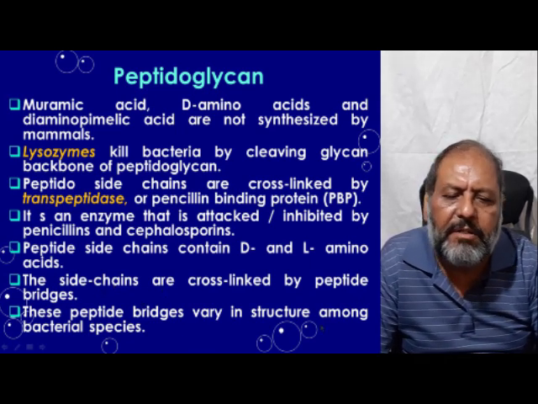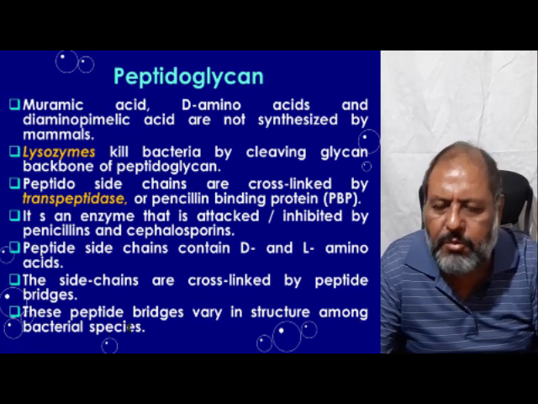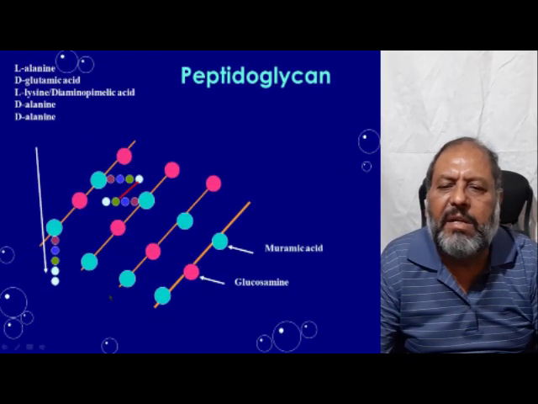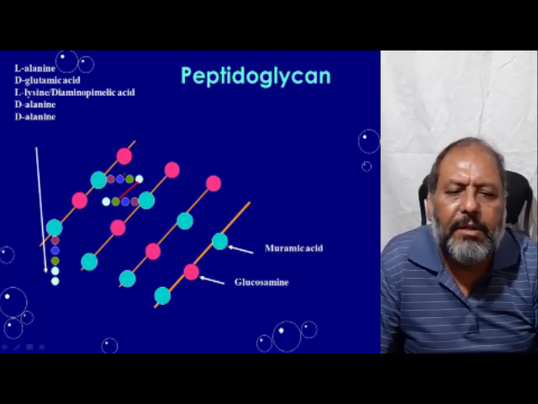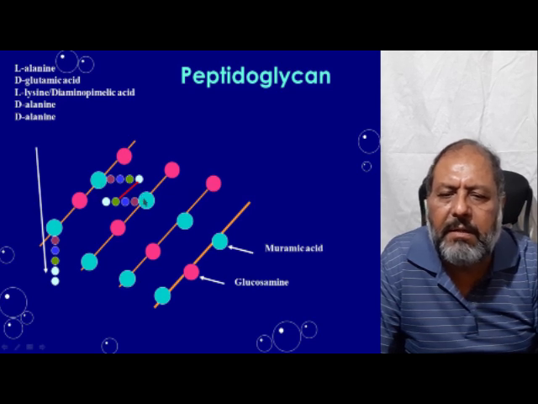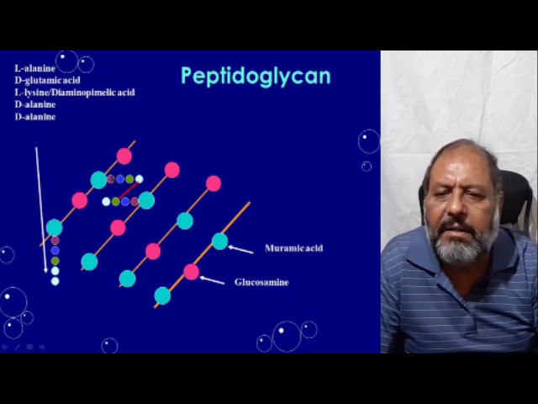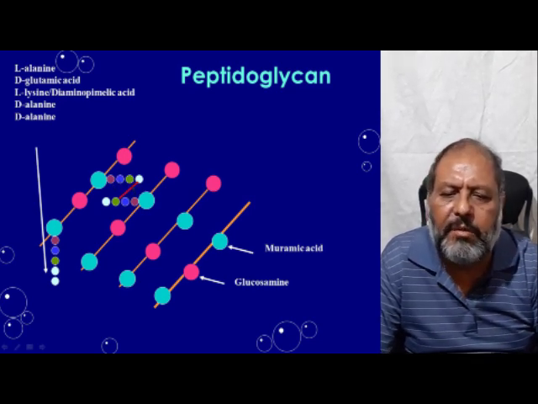These peptide bridges vary in structure among different bacterial species. So one can see the glycan that is made of NAM and NAG, then that being connected by two chains, and these two chains are also again connected by one more chain.